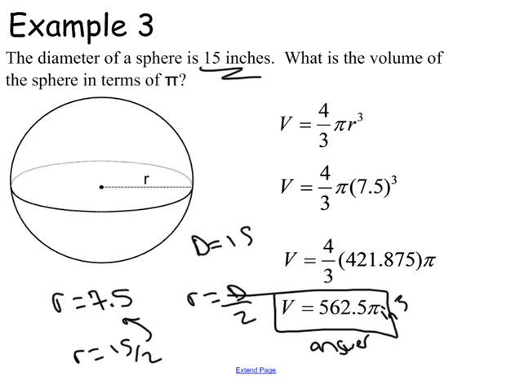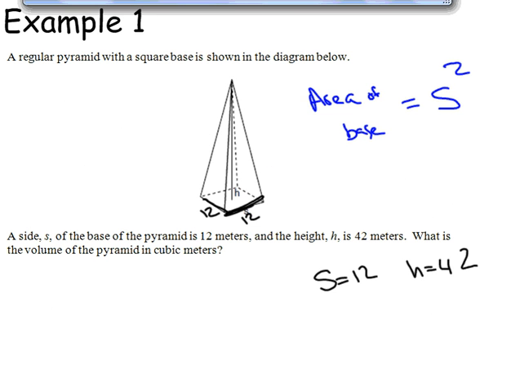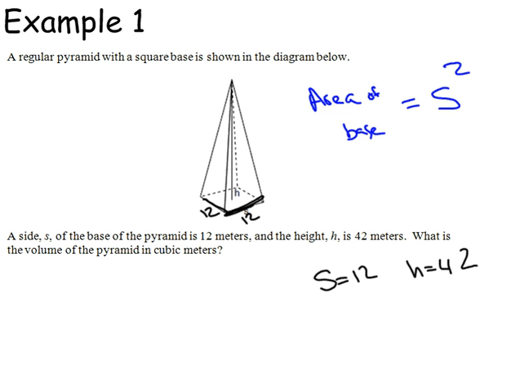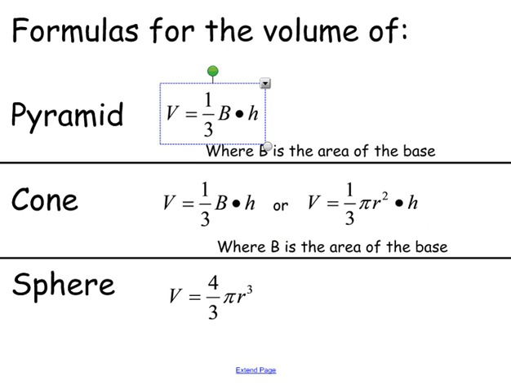I want to say a couple of things. Maybe this might be a way to remember these formulas. You'll notice that the pyramid and the cone have a 1/3 in the formula.